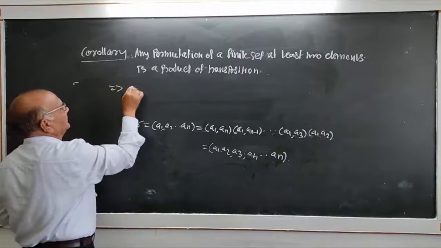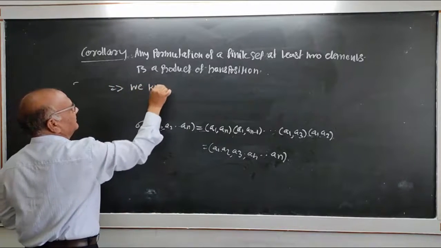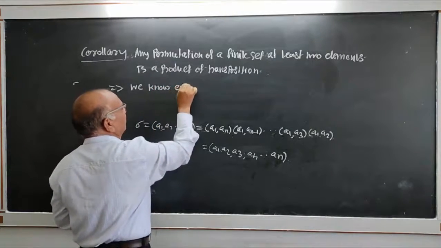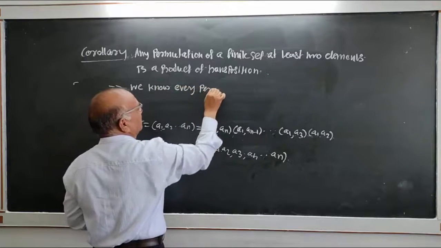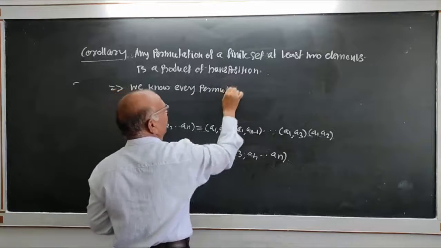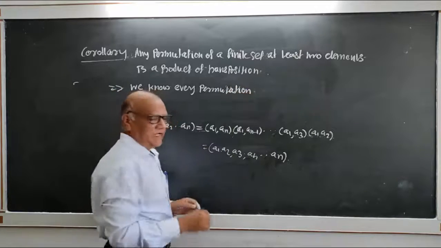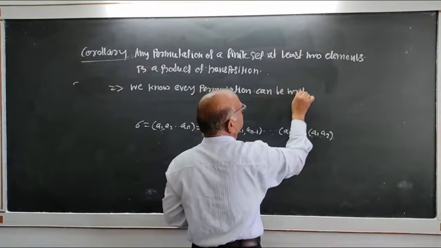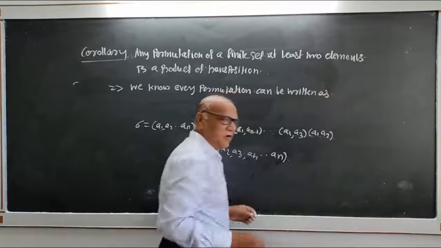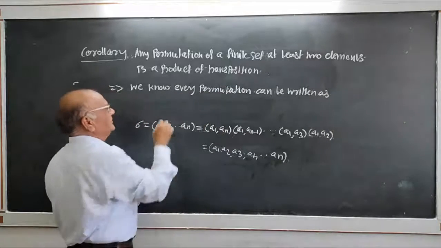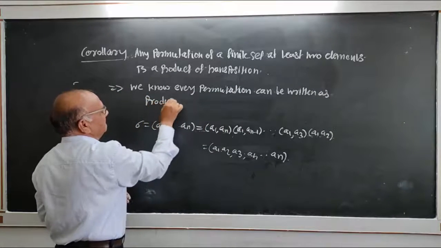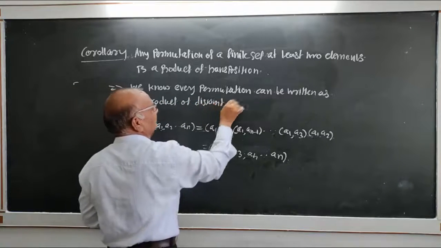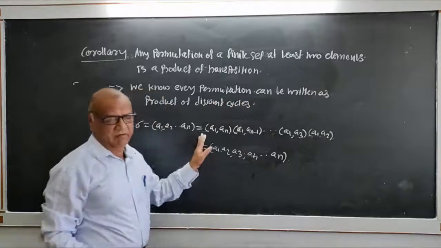Here we know every permutation can be written as a product of disjoint cycles by the above theorem.